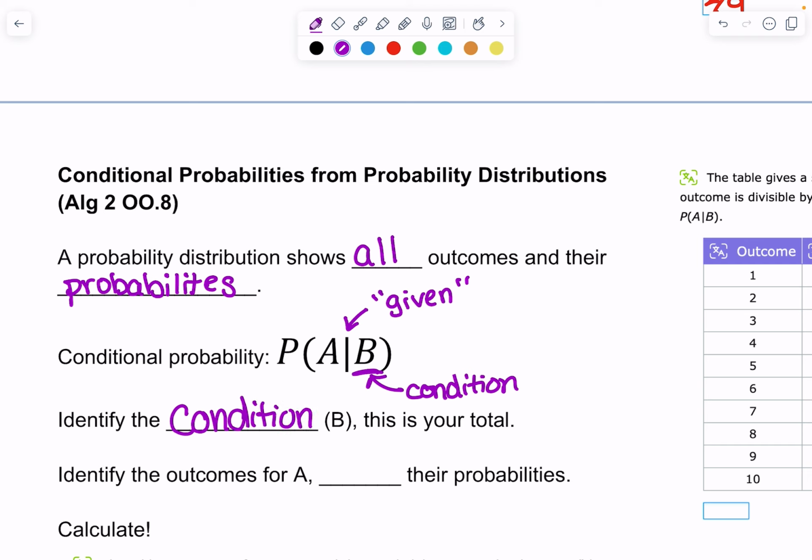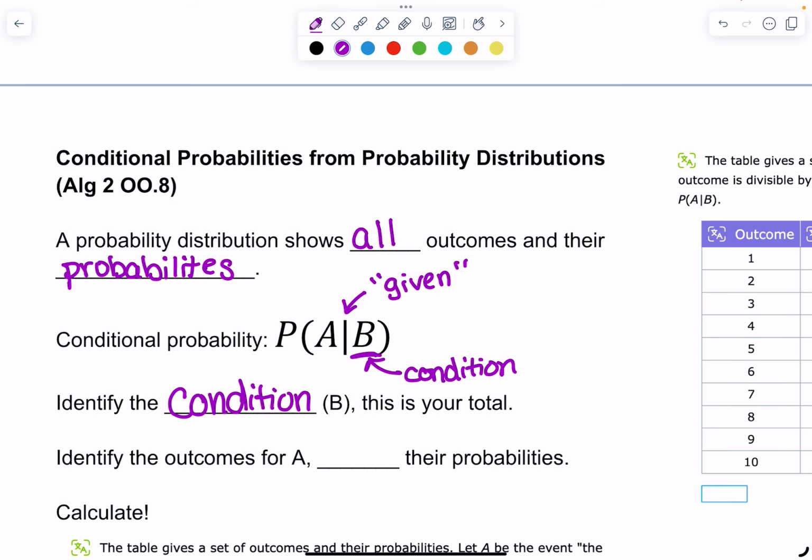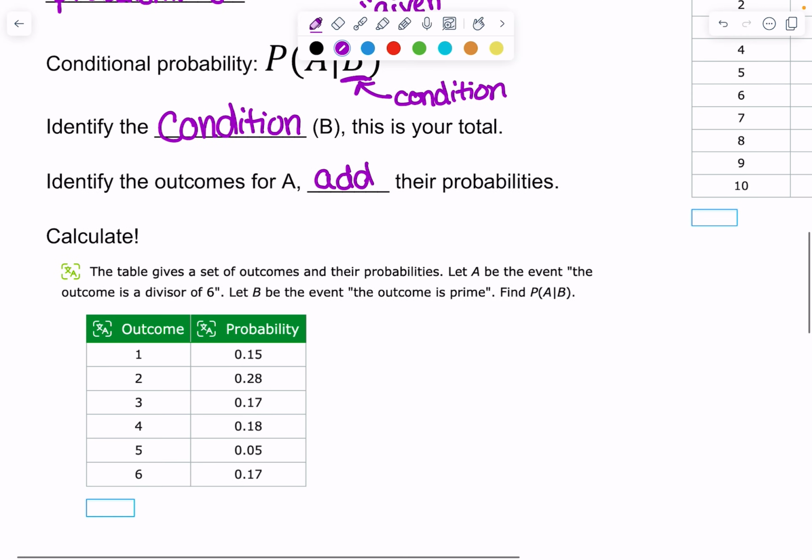And again, the total from our condition is going to be the total that we use as we're doing our probability. And then we're going to identify any outcomes that count for A that are left over after we cross off everything that's not in the condition. And we can add those probabilities together if there's more than one, and then do our basic calculation for our probability. Let's look at a couple examples here.